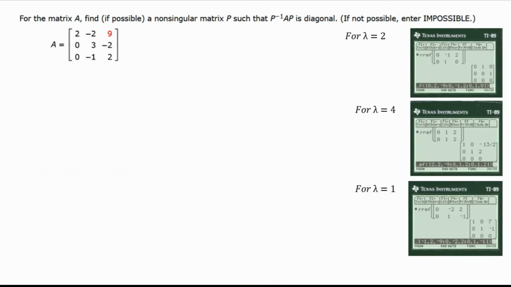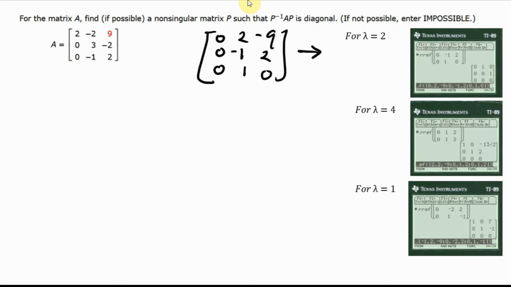So now for that lambda equal to 2, you remember we got 0, 2, -9, 0, -1, 2, 0, 1, and 0. So that's reduced on the calculator. And so in that reduction, we get 0, 0, 0, 1, 0, 0, 0, 1, 0.